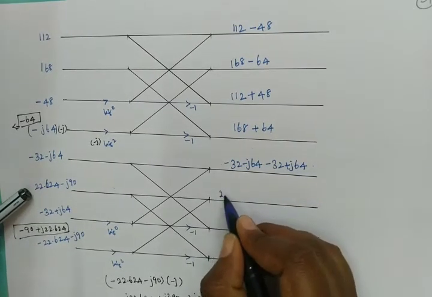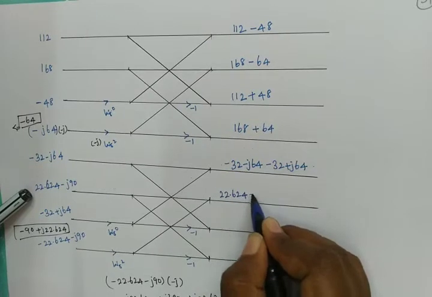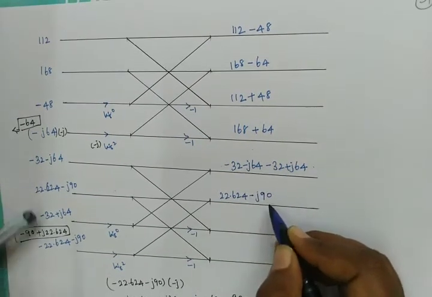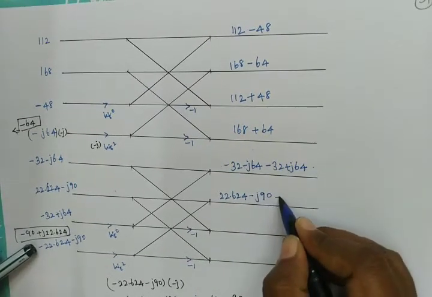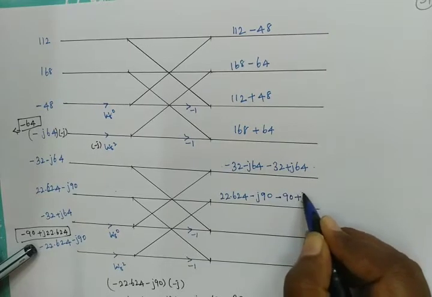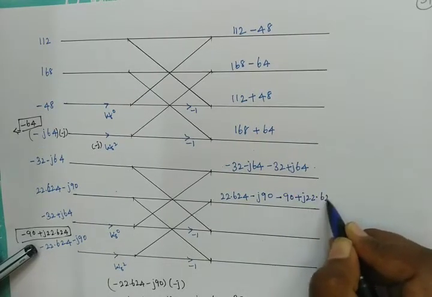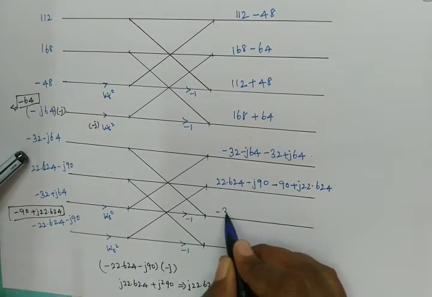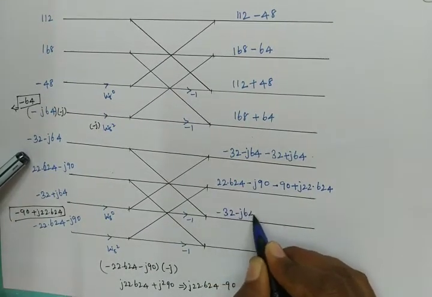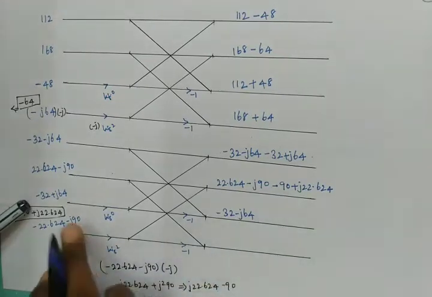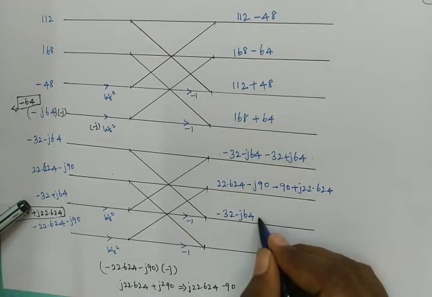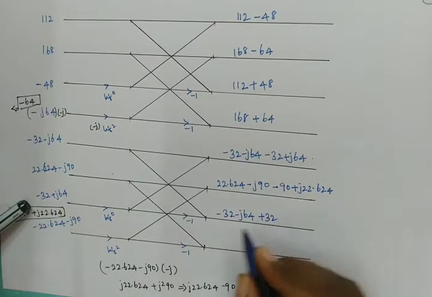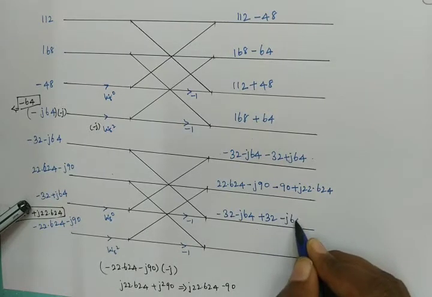Here it is 22.624 minus J 90. Here minus 90 plus J 22.624. Then here minus 32 minus J 64. Now here multiply with minus here. Minus into minus plus 32. Minus into plus minus J 64.